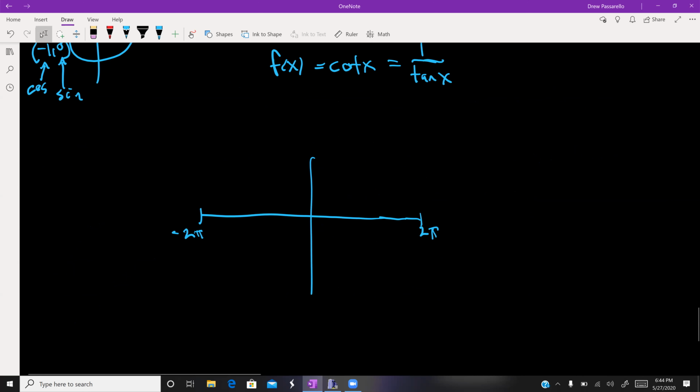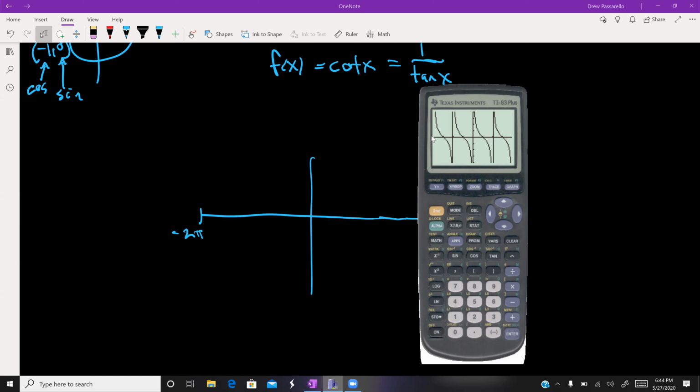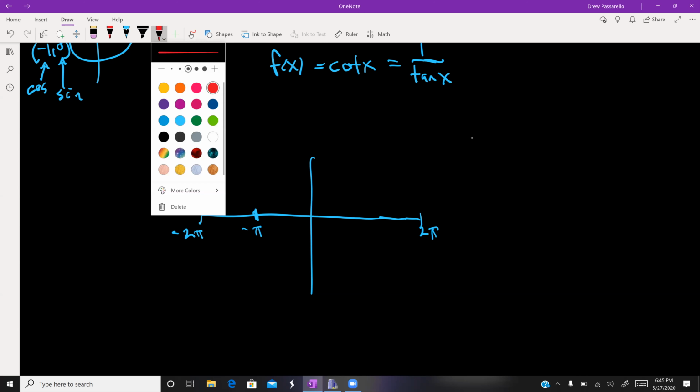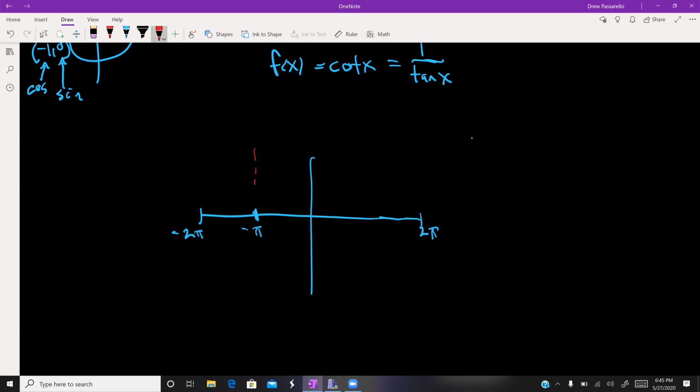Let's see, so I have an asymptote, so this is the axis. The asymptote is midway between -2 pi and 0. So there's a vertical asymptote at -pi, since that's midway between -2 pi and the y-axis. And then there's another asymptote.